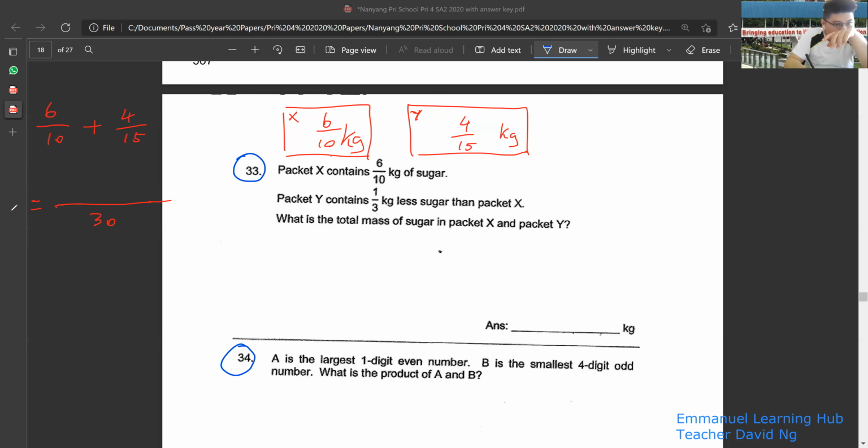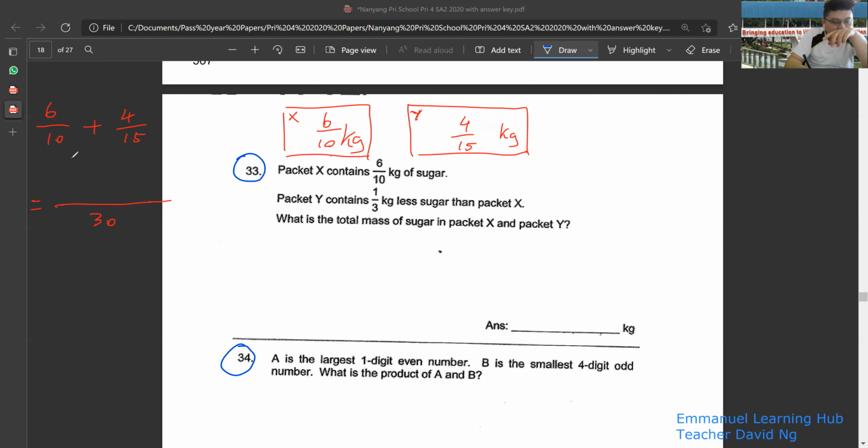Not 8. 6 over 10 is not 8 over 30. How did 10 become 30? 18 minus 10. Not 18 minus 10. Oh, times 3. So how did 6 change to?